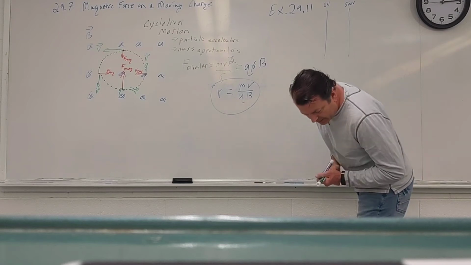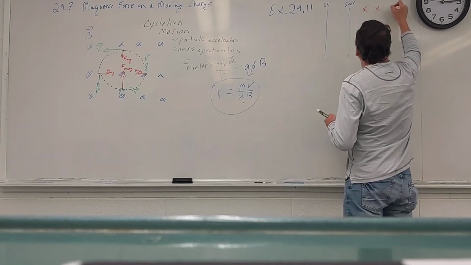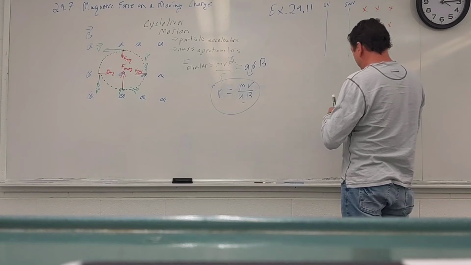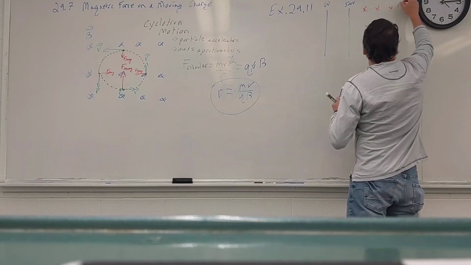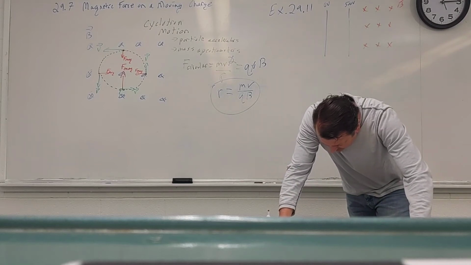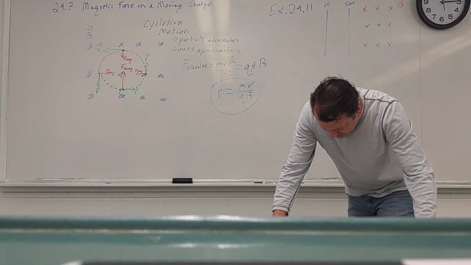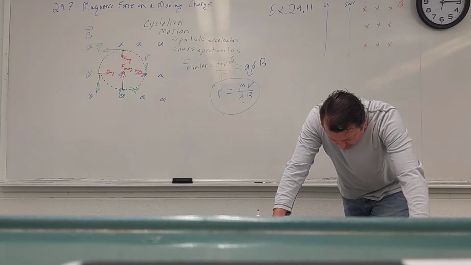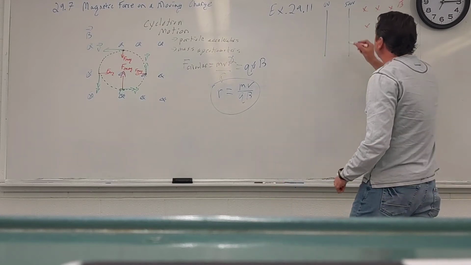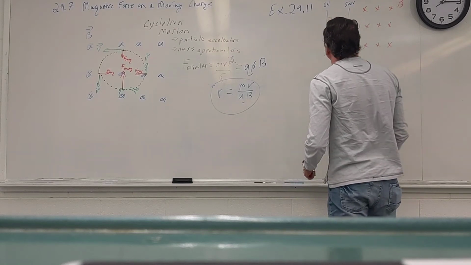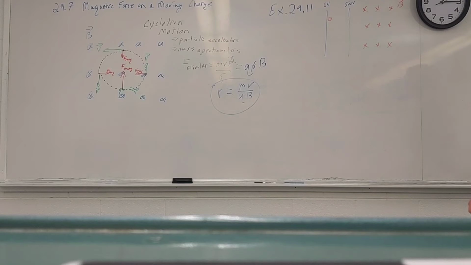Here we're going to have a uniform magnetic field. The example talks about an electron accelerated from rest through a potential difference of 500 volts, from 0 to 500 volts.